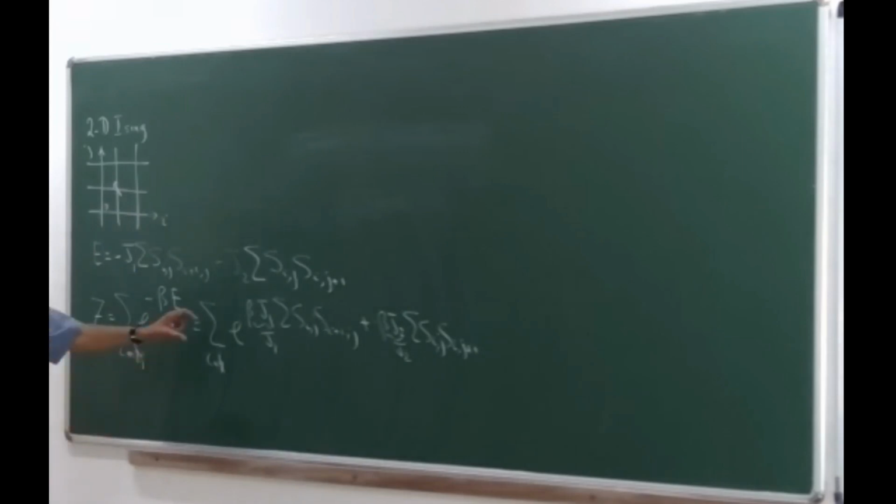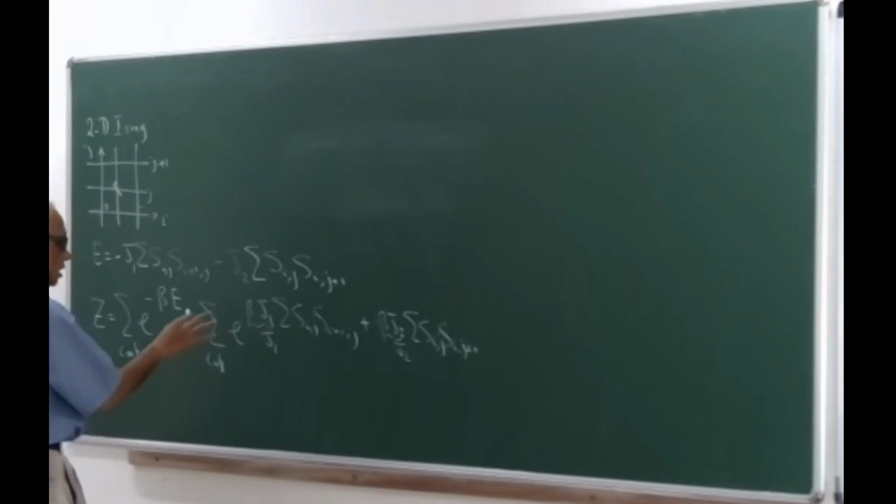And the point was that I want to go from a row which is j to a row which is j plus 1. So I imagine that the problem has been solved up to row j, and then I go to j plus 1.